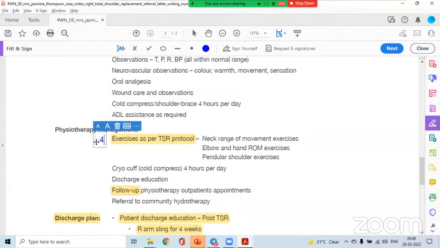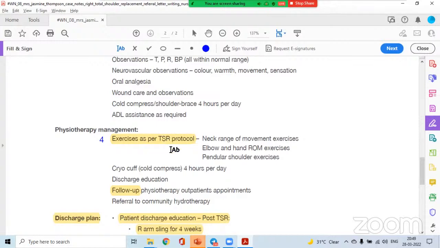So compliance, you can say compliant with the physiotherapy exercises, or non-compliant. As per means according to, everything exercises are going on. Physiotherapy management, everything is going on currently, all now before discharge. Everything is going on well according to the instructions of the physiotherapist, as per TSR, total shoulder replacement protocol.